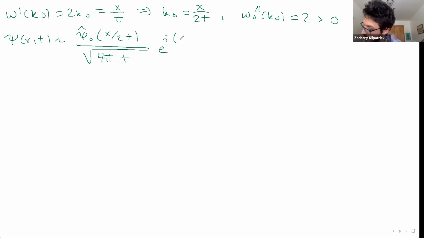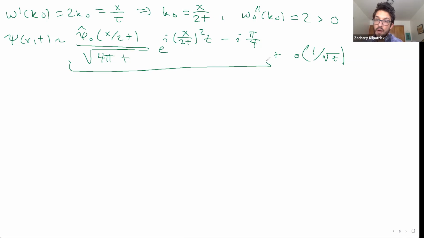And we have e to the i, x over 2t squared times t. So that's our value k0 squared times t minus i pi over 4, plus some terms that are going to be little o of 1 over square root of t. So at leading order, we have our form of a function that approximates our solution here.